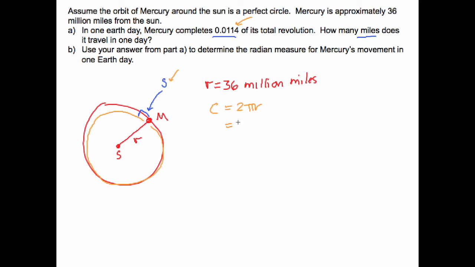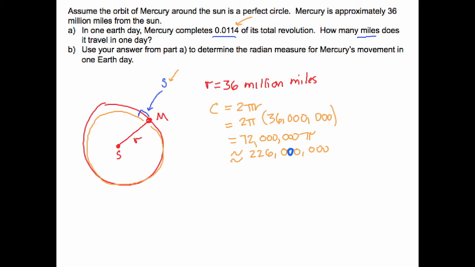So the circumference is equal to 2 pi times the radius, which is 36 million miles. Well, if I multiply that out, that's 72 million pi, which is approximately 226 million.